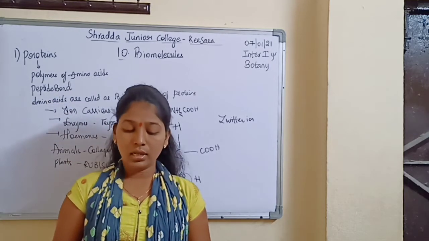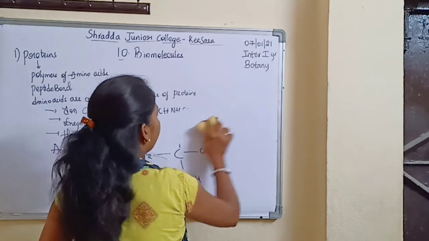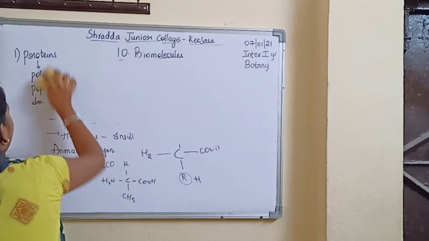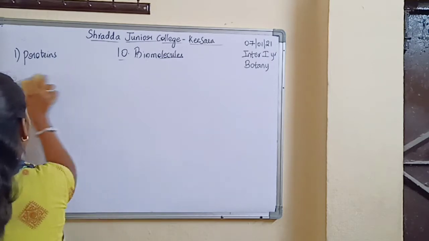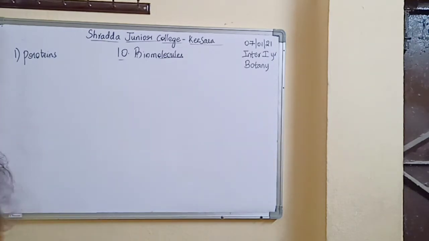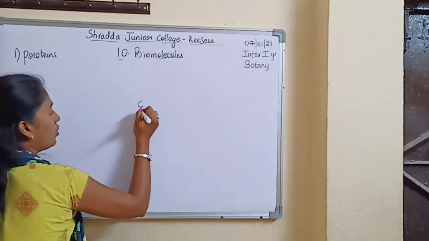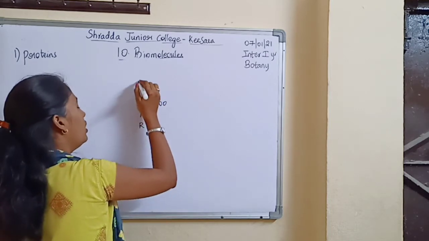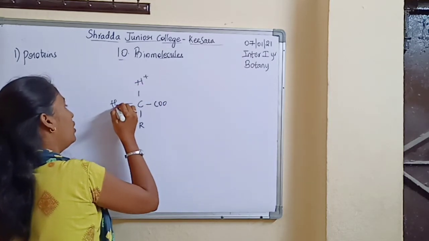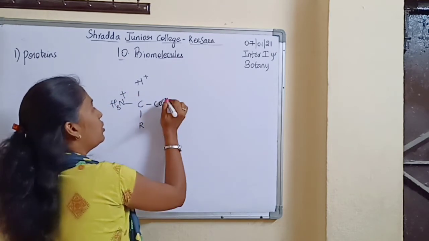So let's see an example of that. Normally we speak of a cation and an anion. If you see this zwitterion, there is the R group, COO, the carboxyl group, and here H3N plus. So one should be positively charged and another negatively charged.